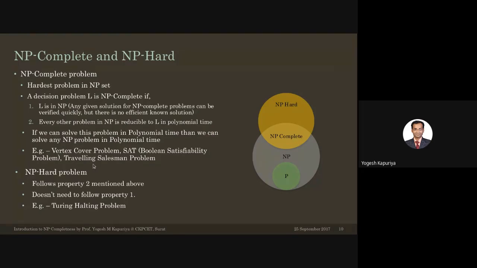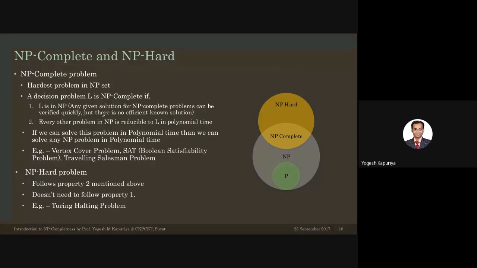The second class of problem is called the NP hard problem. NP hard problem has only one property, and that property is the second one. It says every other problem in NP is reducible to L in polynomial time, but it is not necessary for L to be an NP problem.